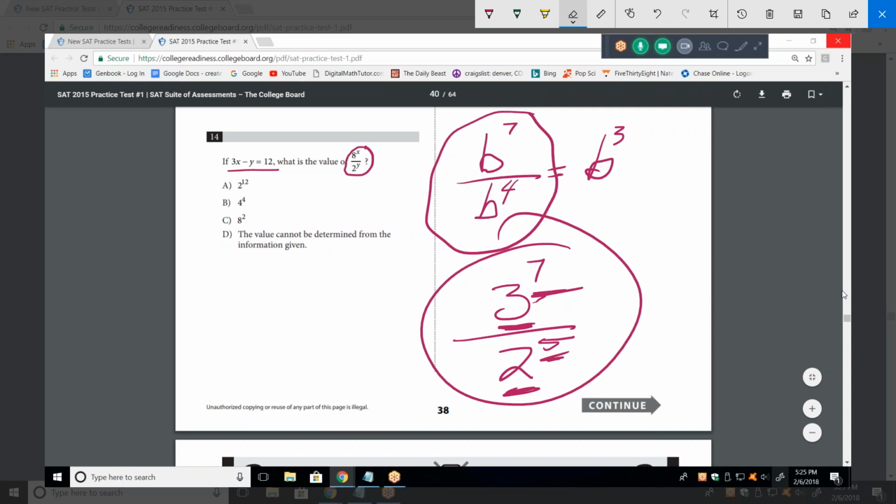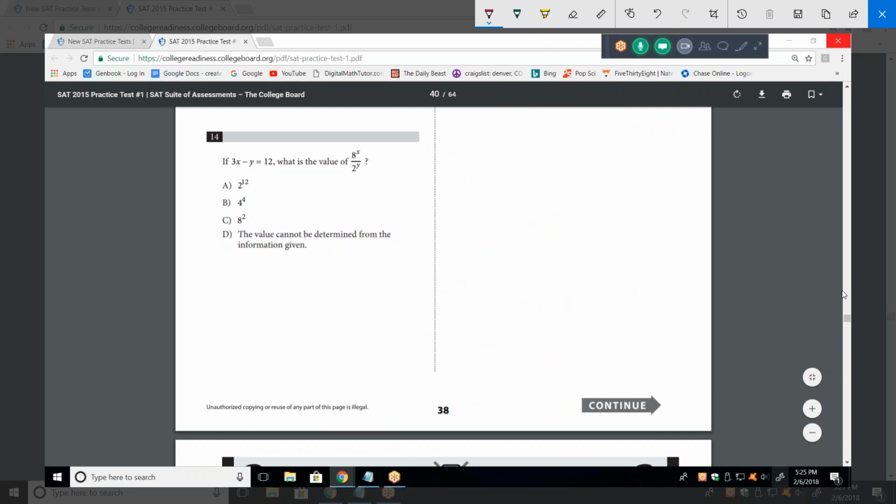Okay. Now, if we look at this problem, that means we need to figure out how to make that the same base. So is there any number that is the common exponential base between 8 and 2? 4? No, 2. Oh, yeah, okay.